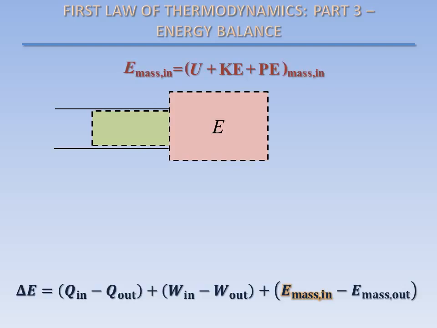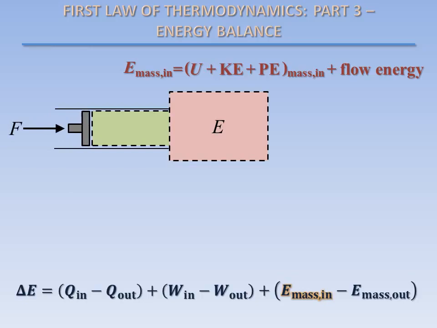There is also some work required to push this mass into our system. This is called flow work, or flow energy. We can think of the flow energy as the energy required by an imaginary piston to push the mass into our system.